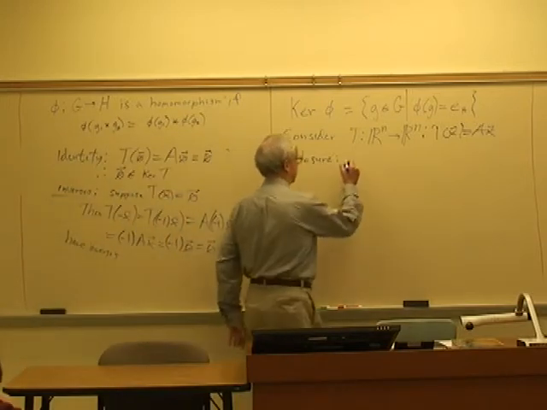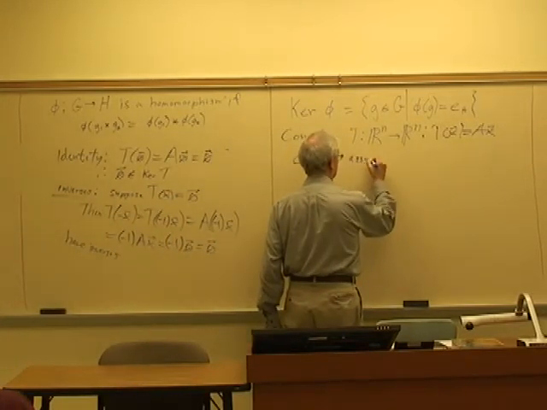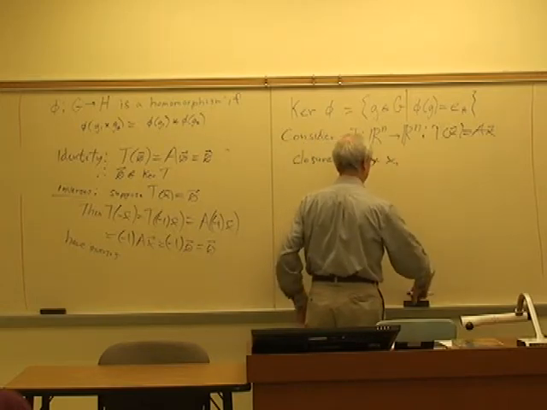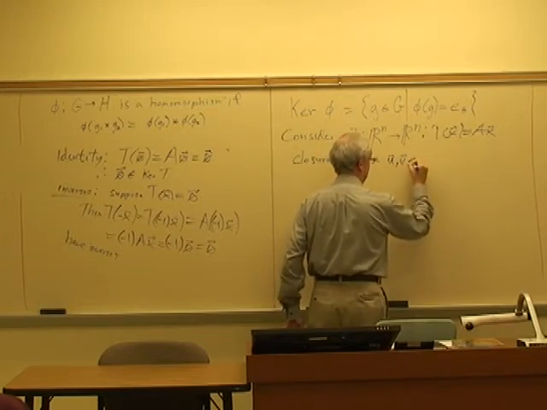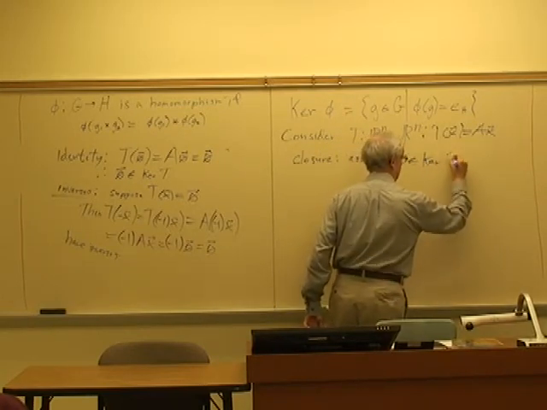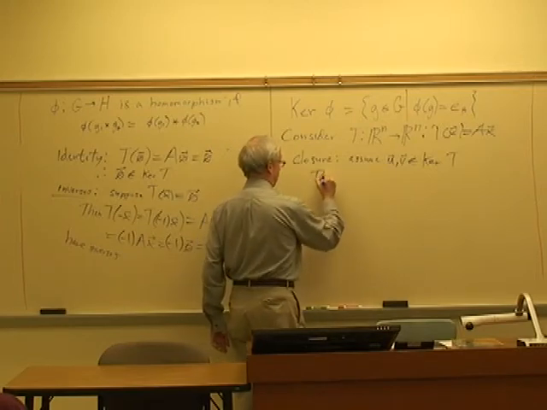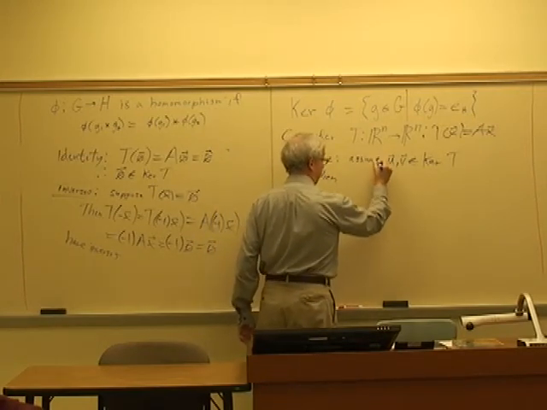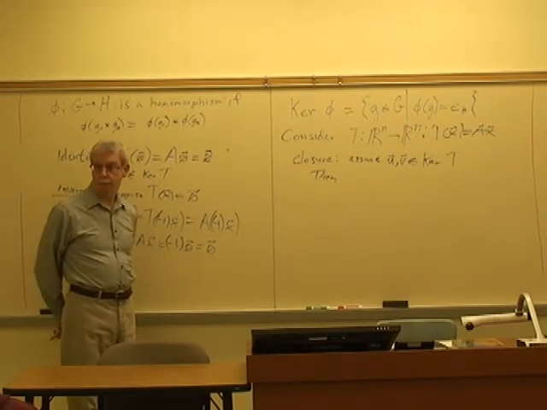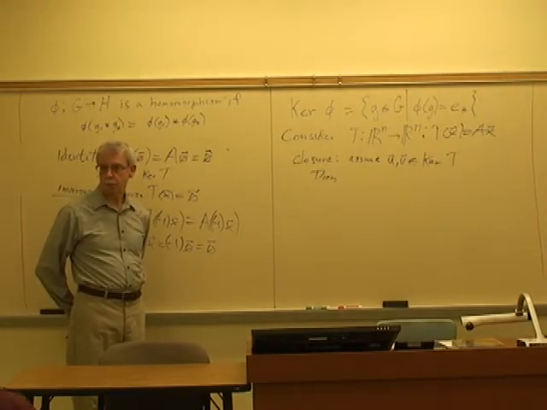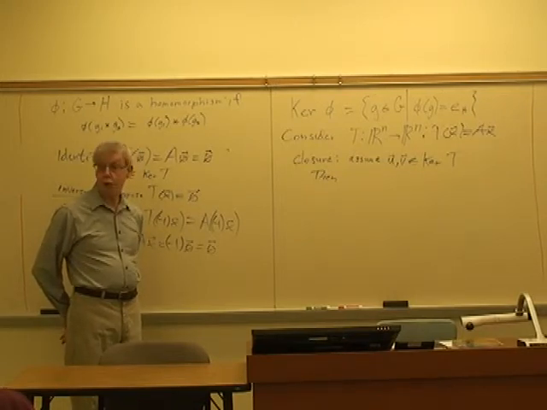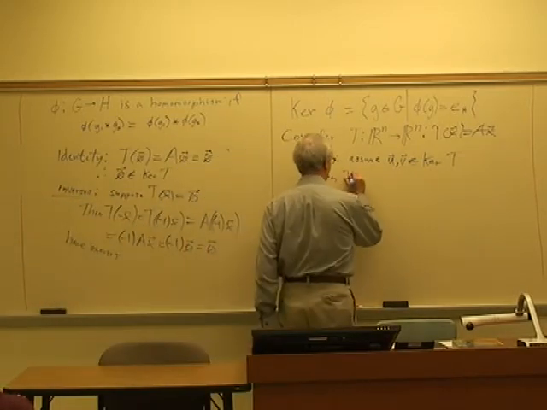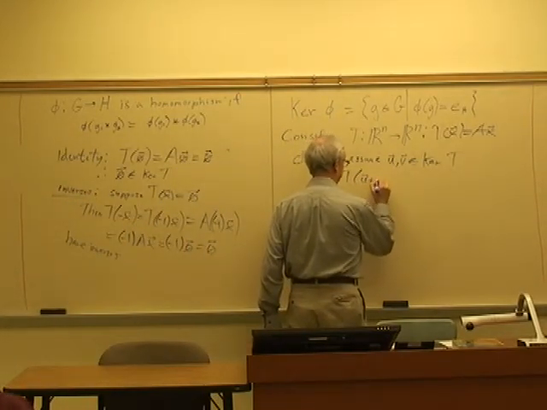In this case, let's use two vectors u and v. Assume the vectors u and v are in the kernel of the transform. Then I want to look at the transform applied to what? What's the operation? Vector addition. Then I want to look at T of u plus v.